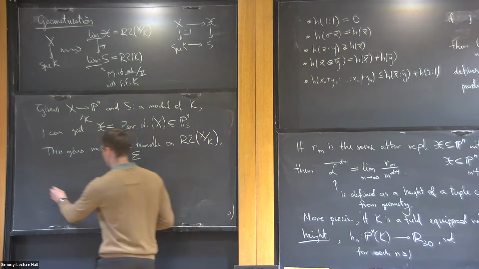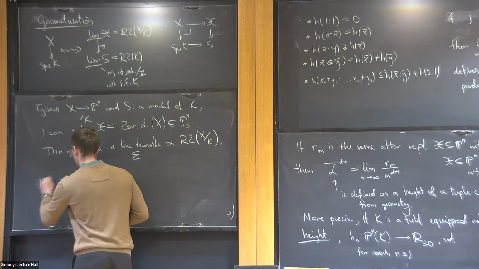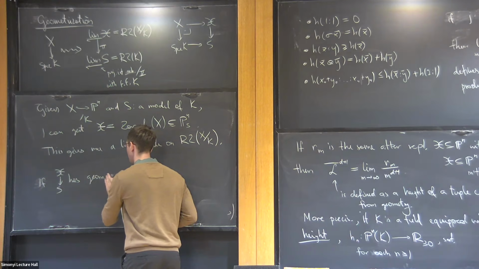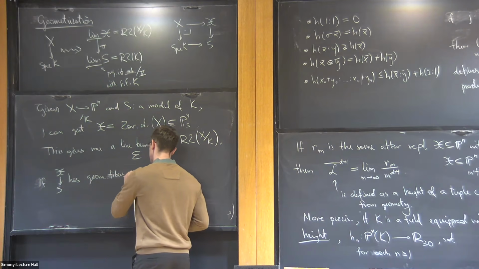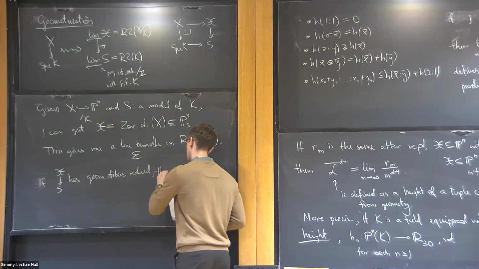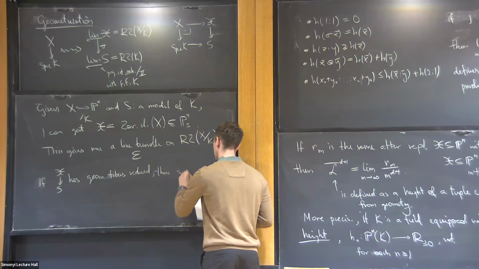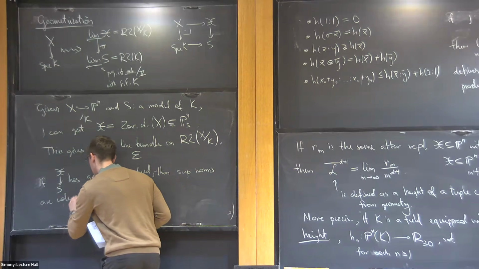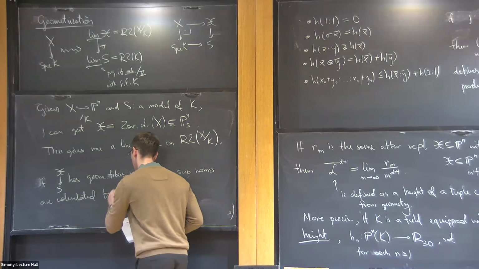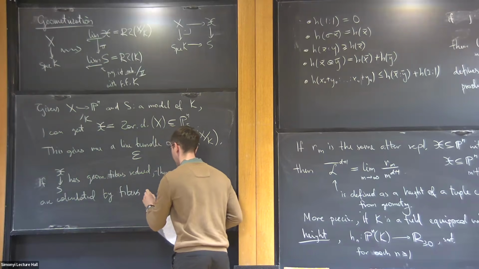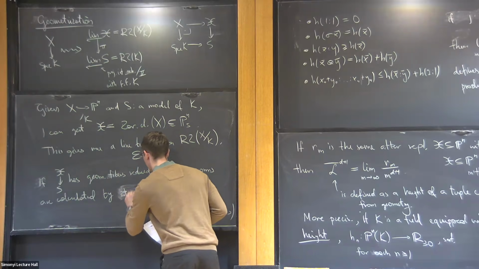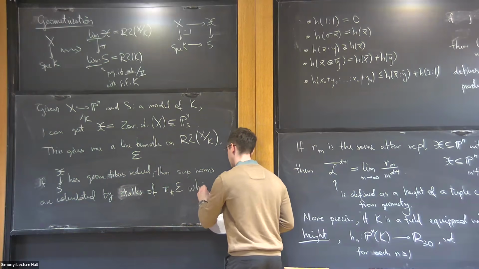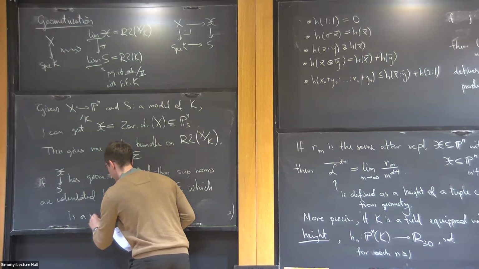Then if X over S has geometrically reduced fibers, then sup-norms are calculated by fibers by stalks of pi star epsilon, which we prove is a vector bundle.